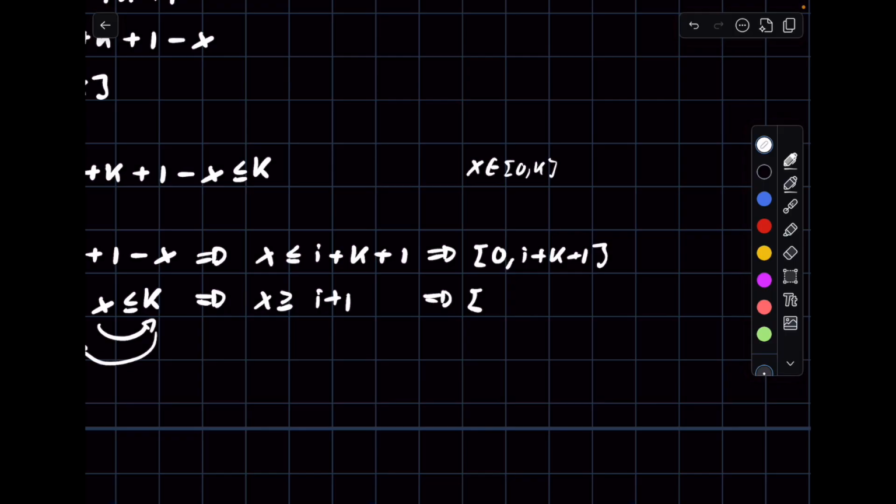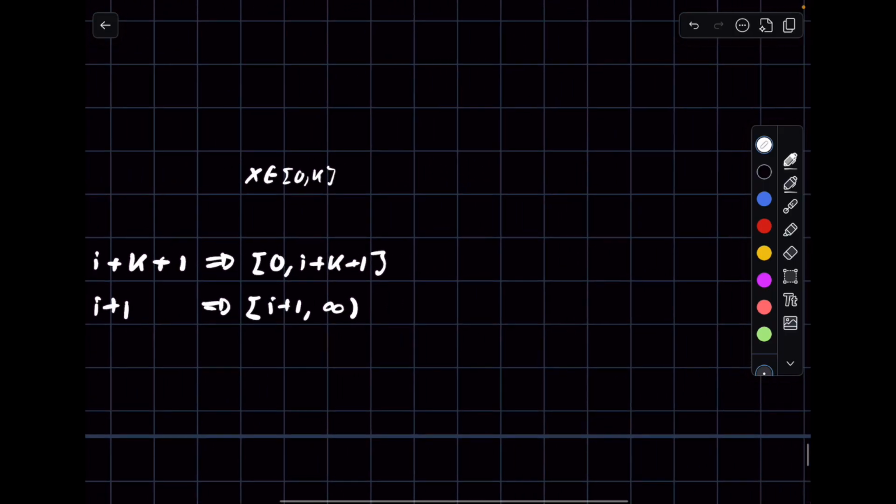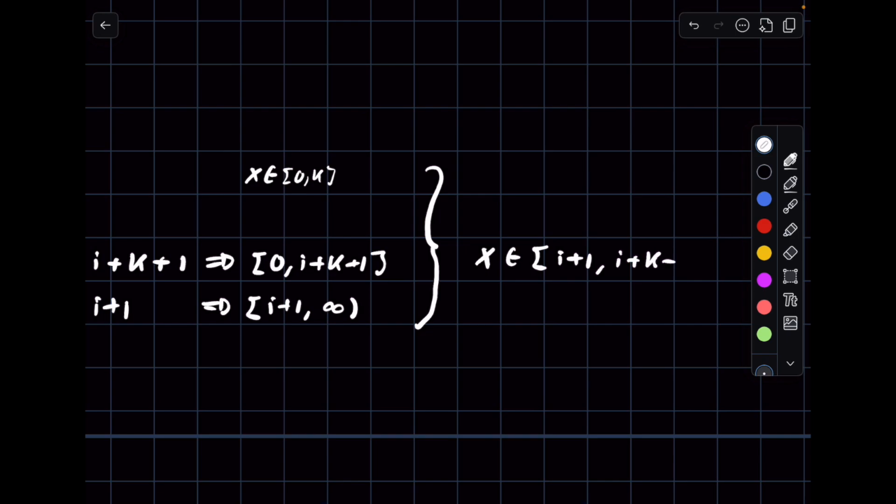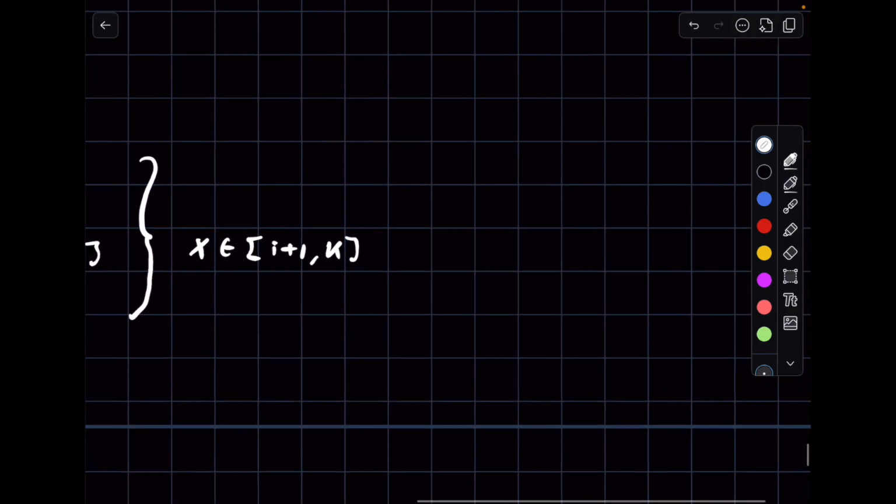Then x has to be greater than I plus 1, so I plus 1 to infinity. We take the intersection of these three, which means x has to start from I plus 1, and for the upper bound, we take k, since we want the intersection, so the smallest one.